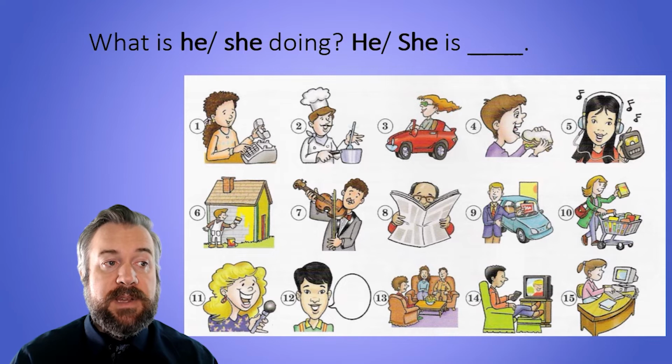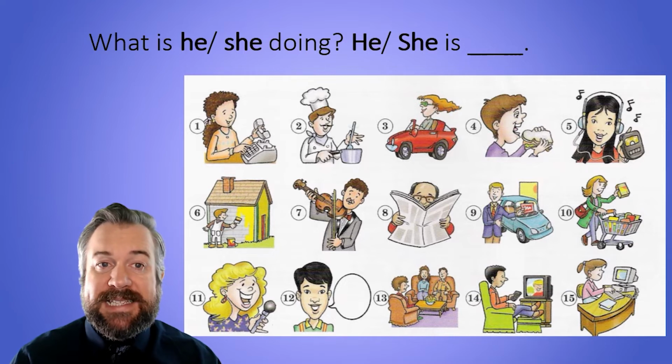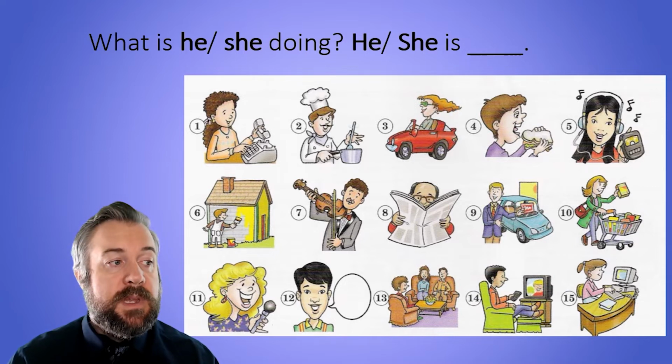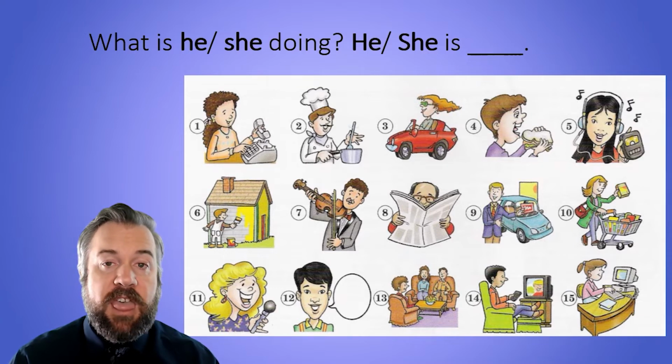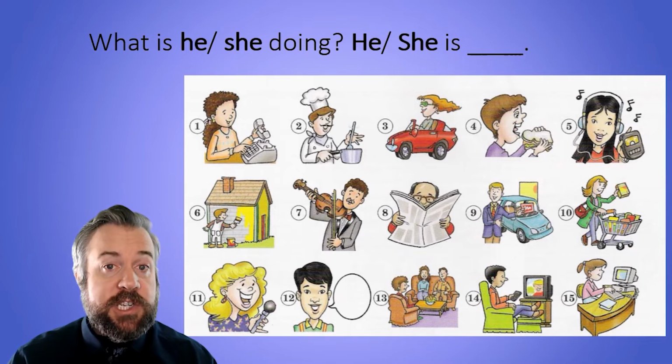Number 4, he is eating. Number 5, she is listening to music. Number 6, he is painting his house. Number 7, he is playing the violin. Number 8, he is reading the newspaper. Number 9, he is selling cars.